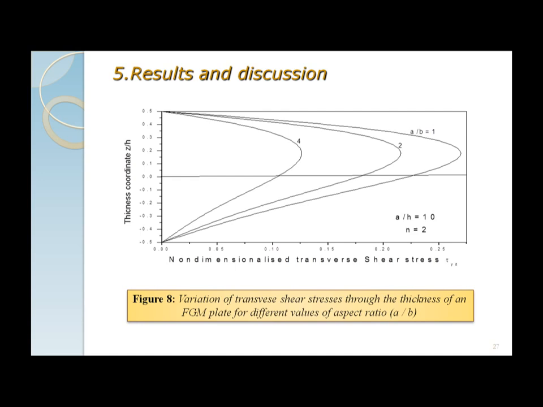Through the thickness, the distribution of the shear stresses tau yz and tau xz are not parabolic, and the stress increases with the aspect ratio.